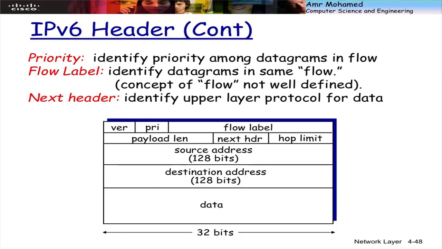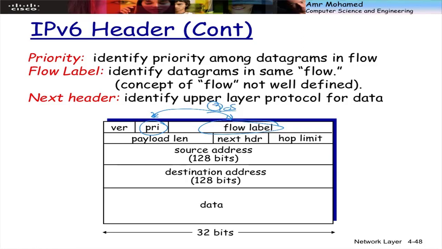It's cleaner, right? So I have the priority, which is similar, but here I have another very interesting field that has been introduced only in IP version 6. And this, together with this, okay, provides quality of service. It is used for quality of service. Okay?